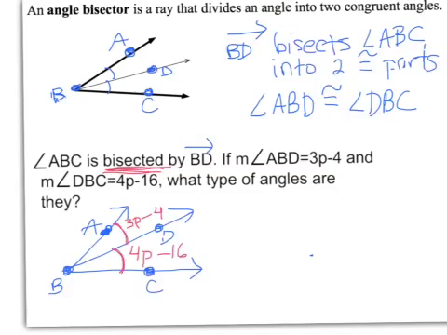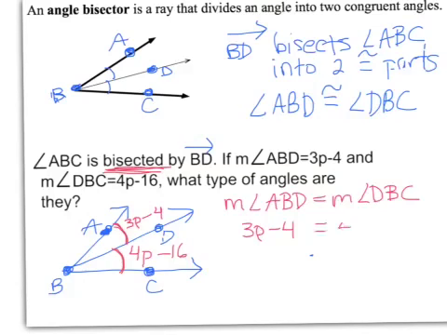If they're congruent, that means the measure of angle ABD is equal to the measure of angle DBC. So from here we can substitute. 3p minus 4 is the measure of angle ABD, so that must be equal to 4p minus 16.